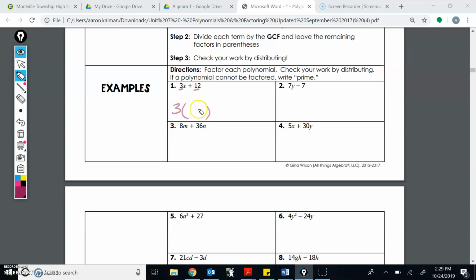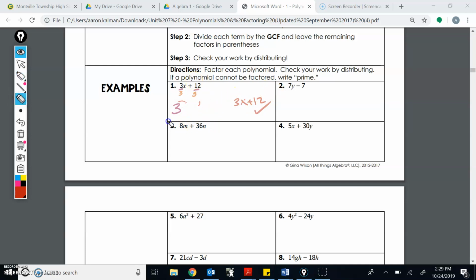So we can now divide both terms by the GCF that we took out, just the 3. If we divide the first term by 3, we're left with x, and dividing the second term by 3, we're left with 4. Here's your answer, but we also need to check our work. We can distribute, and we would get 3x plus 12, which is the beginning expression, which is correct.